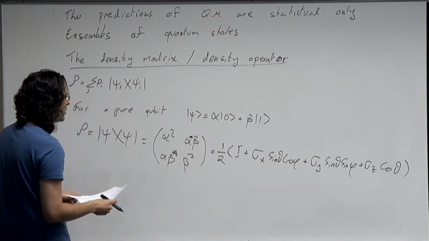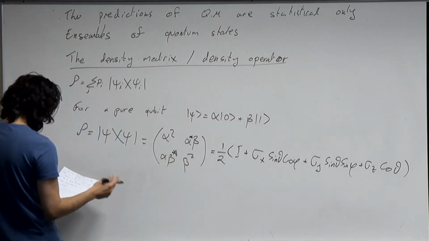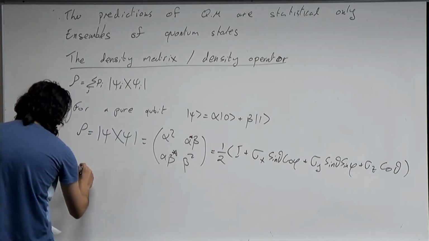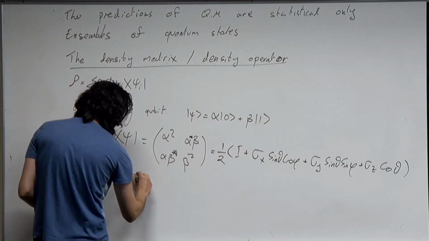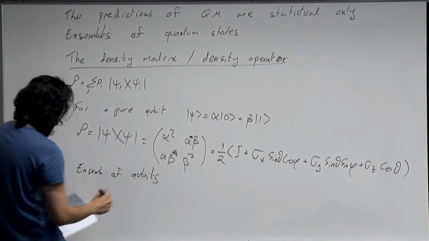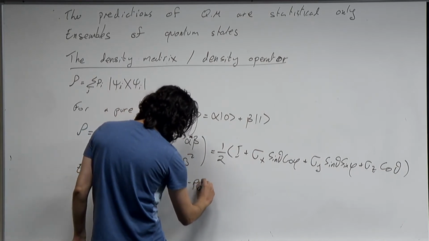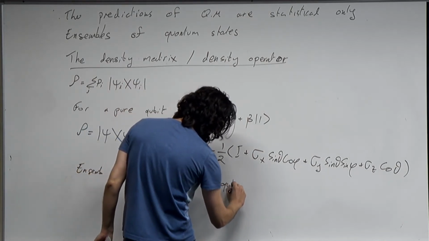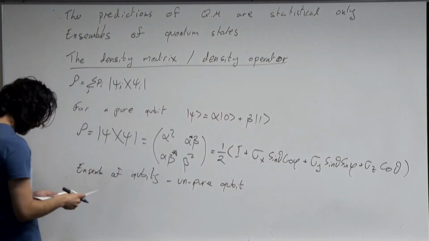So, an ensemble of qubits, or what we would like to call an unpure qubit. Now each qubit is in a different state.